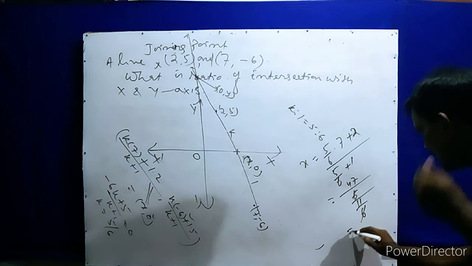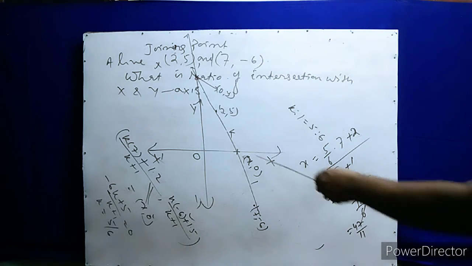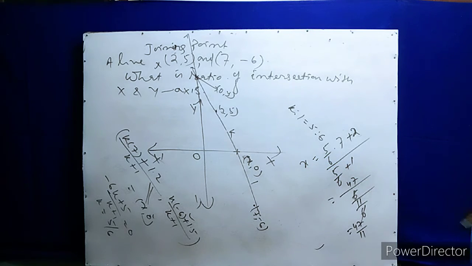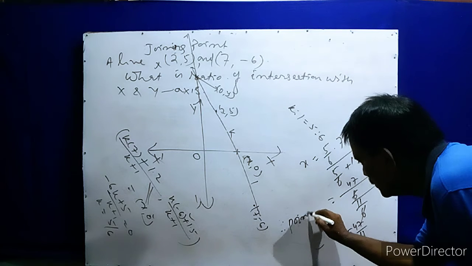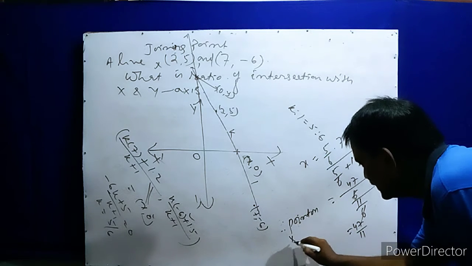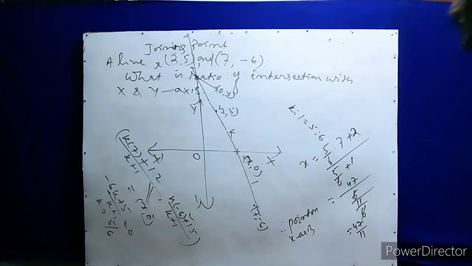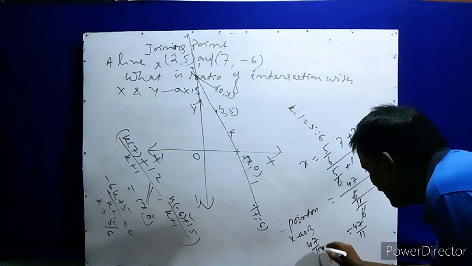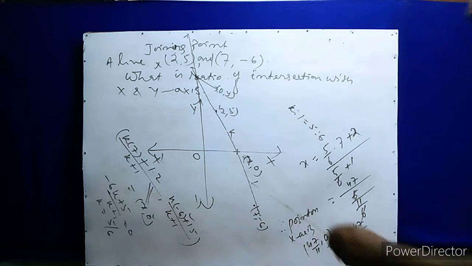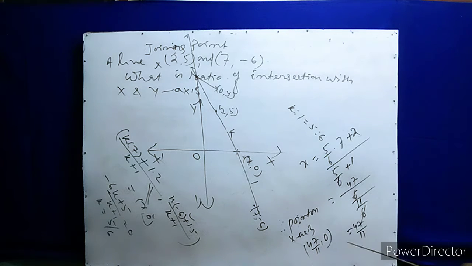The 6 cancels, then we get 47 by 11. So the point of intersection on the x-axis, what is the point on the x-axis? The x-axis point is (47/11, 0). This is the point, because the x value equals 47 by 11 and this is 0.